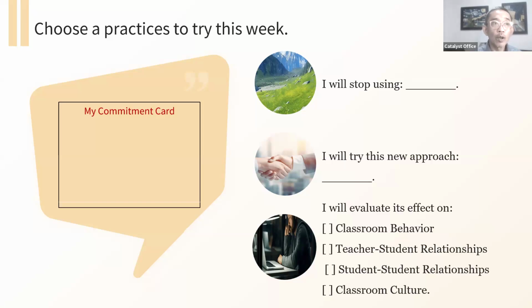Teacher-student relationships. Are my students responding to me better now that I am using this kind of approach instead of resorting to what I would traditionally resort to as a consequence whenever there is an offense? And then student-to-student relationships.